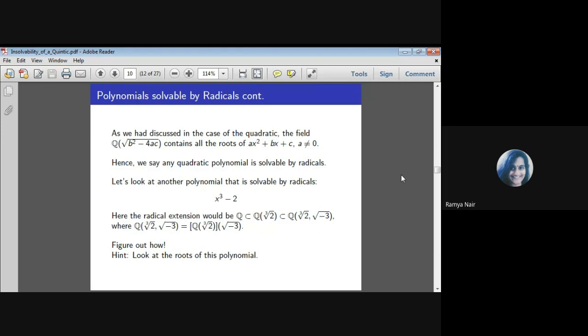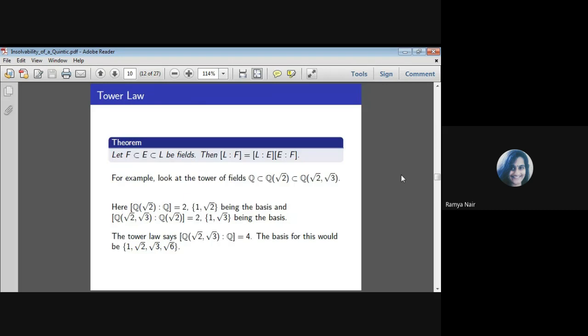Then what would be the field that contains all the roots of this polynomial? In your formula, minus b and 2a are all rational numbers, so they are already in Q. The only thing that might not be in Q is that square root of b squared minus 4ac.